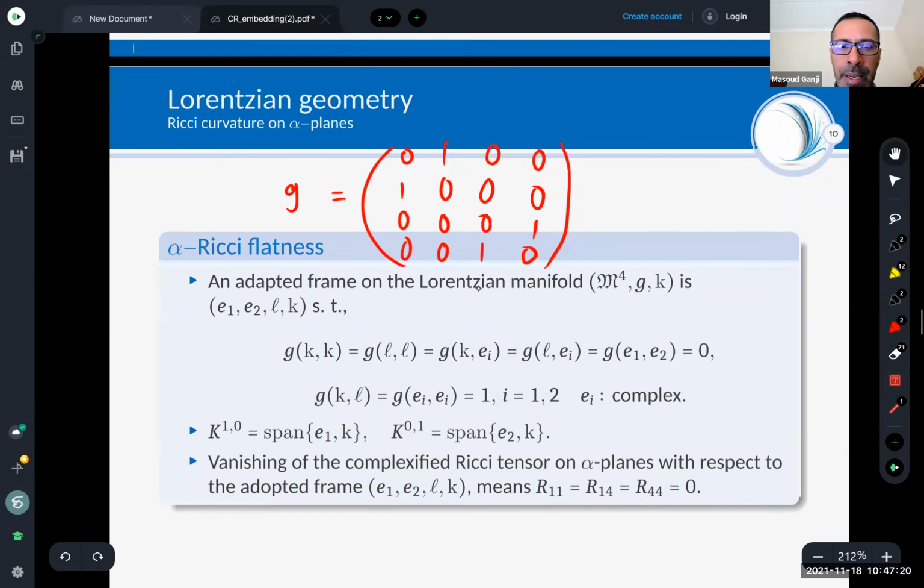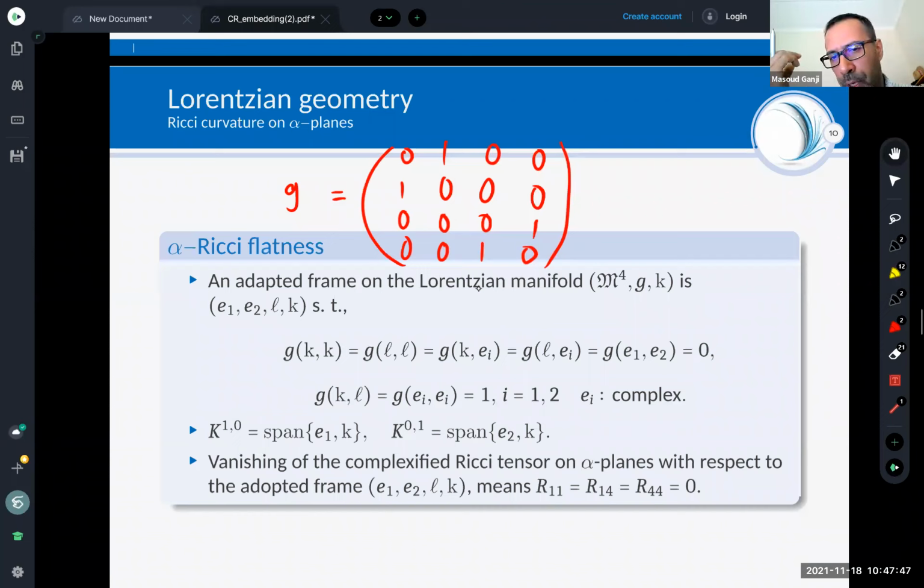So when we say Ricci flat, we have a Lorentzian metric G. We have these two spaces, K10 and K01, and we can talk about the Ricci tensor on these two sets. Corresponding to this frame, R11, R14, and R44 are the components of the complexified Ricci tensor.